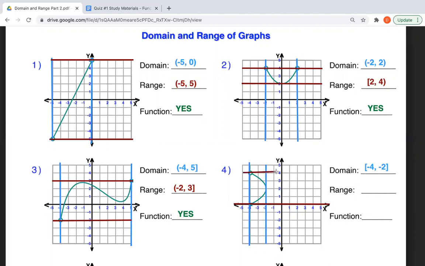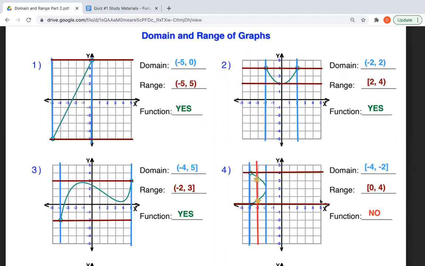The top is at 4, going through that open circle, parentheses. Now, is this a function? The answer is no. If I put a vertical line through this graph, it touches that graph here and also down here. Because it basically pierces through it, that is not a function. So these are our answers for 1 through 4.